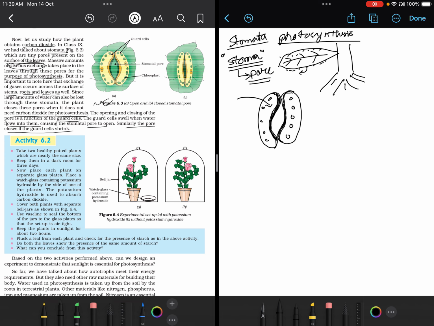When this cell swells up, you remember I have said this inner surface is thicker than this surface. So this is a thinner surface, so water will come and keep pressure in this way. So this will swell up. Got my point? The guard cell will swell up, and due to this pressure, the pore will open.